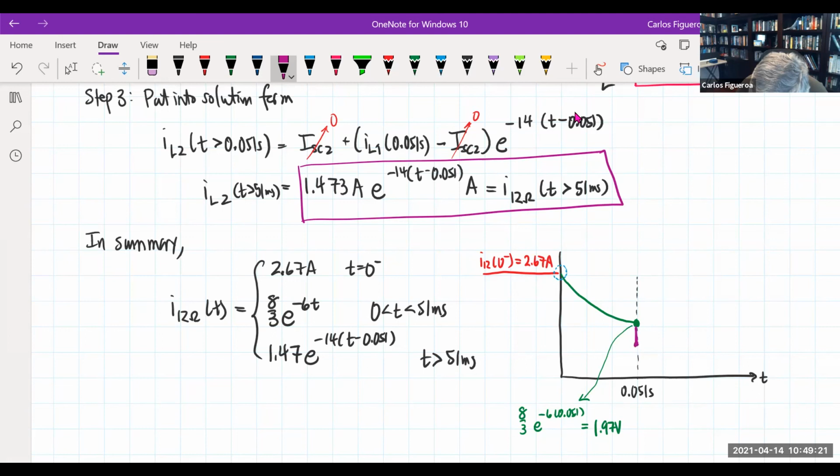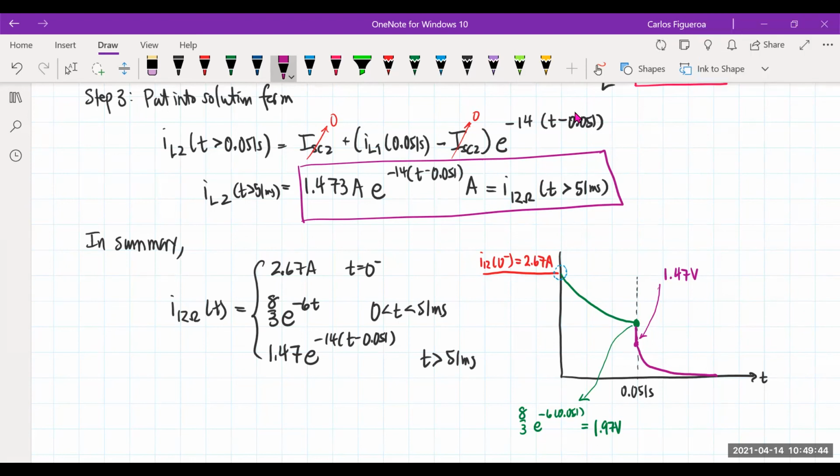And it's going to jump down to what value? This guy right here. That value should be 1.47. And because it has a bigger time constant of -14, you should see a steeper decay down to 0.